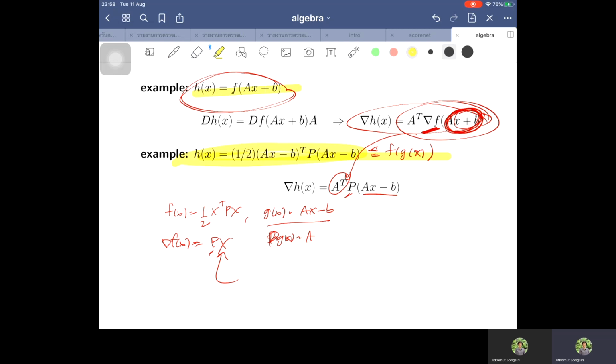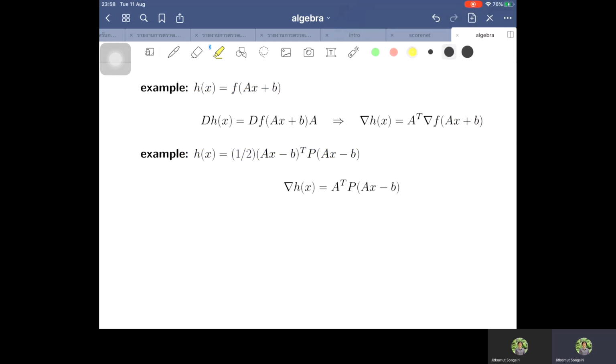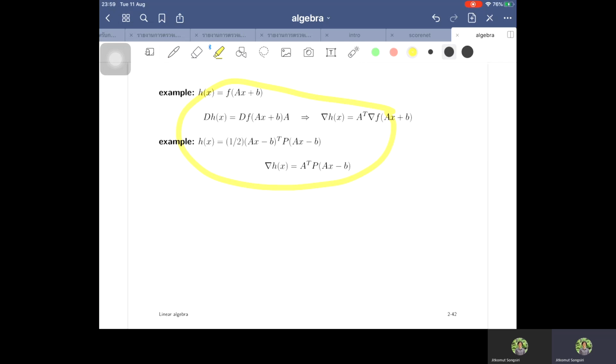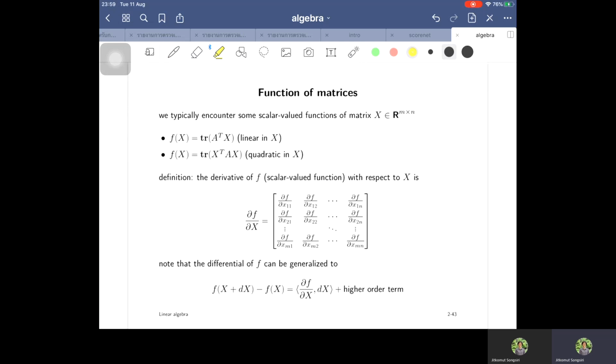So we're going to encounter taking the derivative and gradient of functions with patterns like this all the time. I hope you come back to these two examples when we use them.